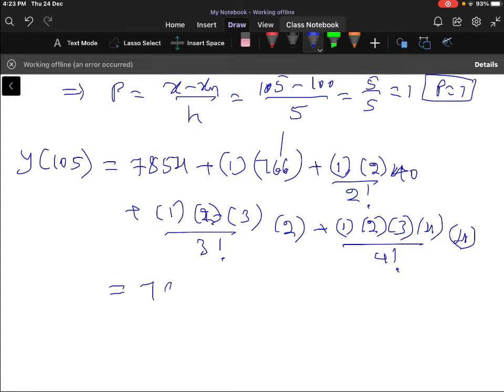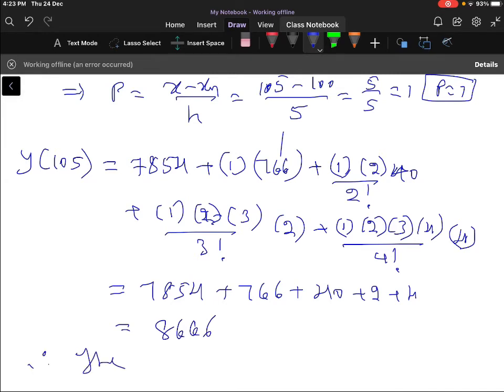After simplification we have y of 105 is equal to 7854 plus 766 plus 40 plus 2 plus 4. So this is equal to 8666.